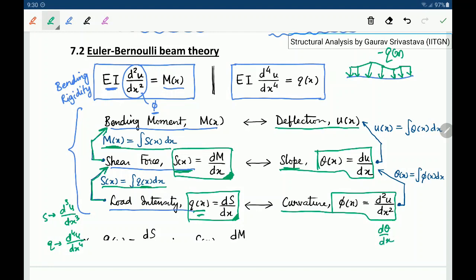So curvature is the rate at which the slope changes, and the reverse relations can also be found: the slope will be the area under the curvature diagram, and the displacement will be the area under the slope diagram. These relations become very important when we start making shear force and bending moment diagrams. They provide very easy checks to see whether our diagram is correct or not.